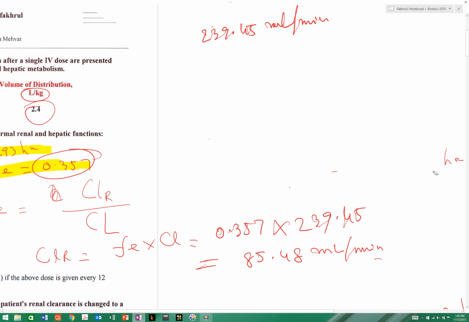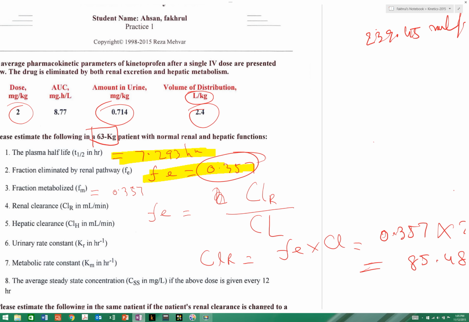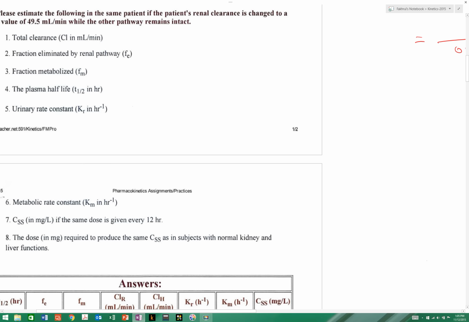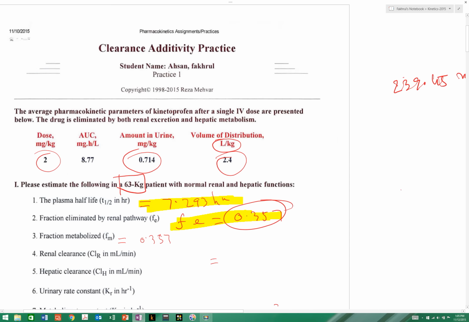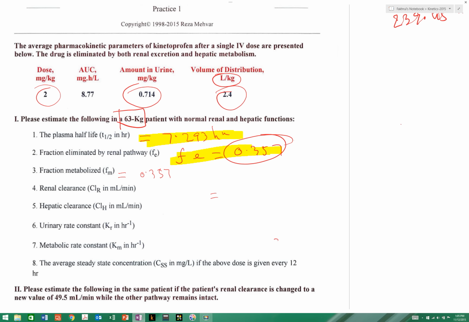So this would be our renal clearance. So let's go back to renal clearance. These are the steps you have to follow in the case of renal clearance. So our renal clearance would be 85.48 milliliter per minute.